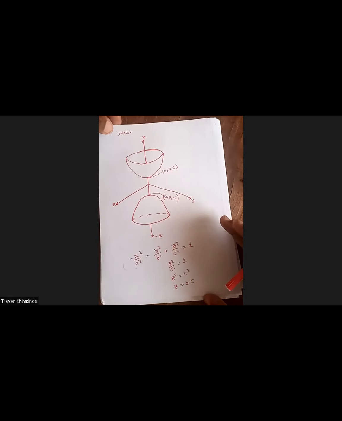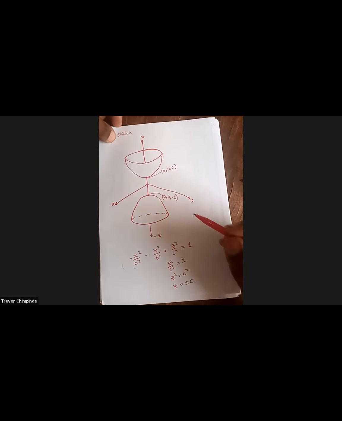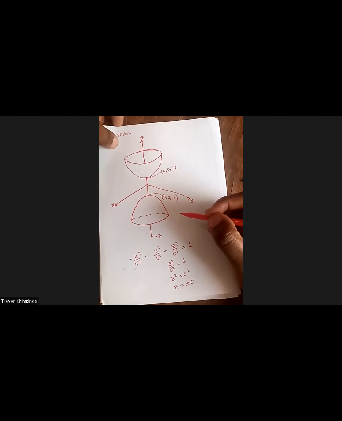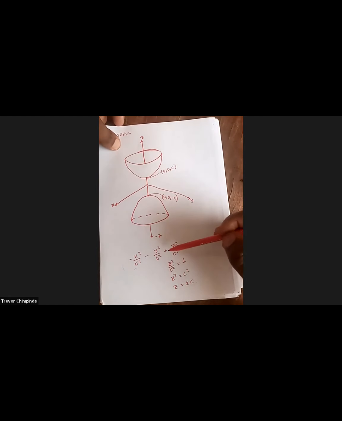And then what do we see? In this case, we see that the variable which is positive, which has plus in front of it, determines the orientation. In this case, the z is positive, so it's oriented along the z-axis.